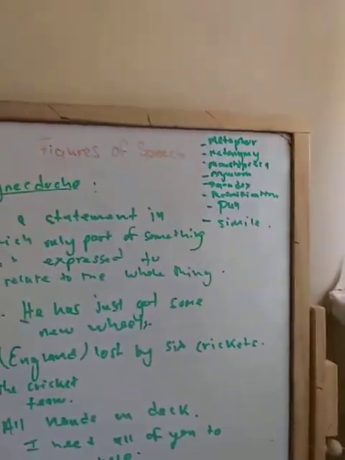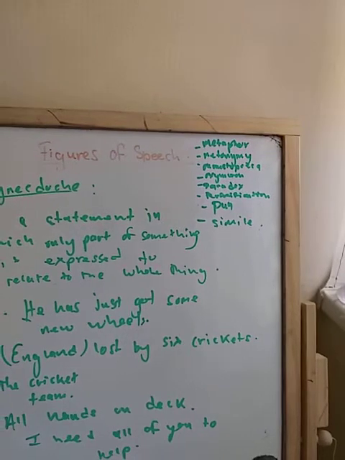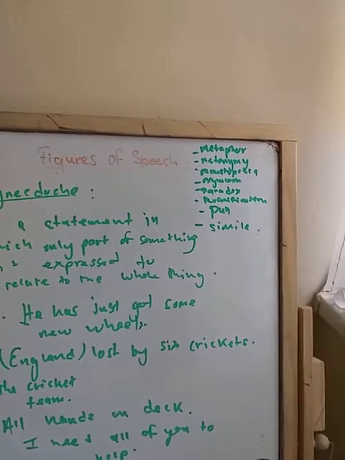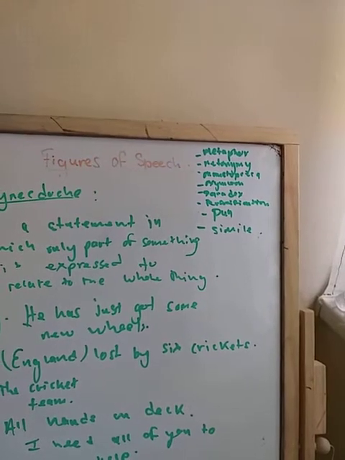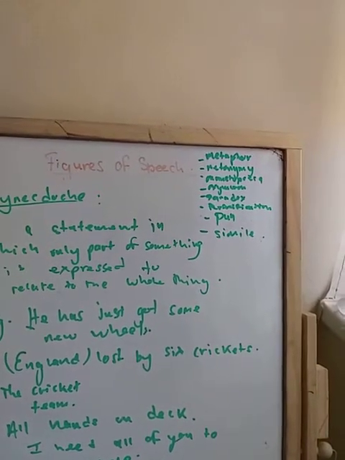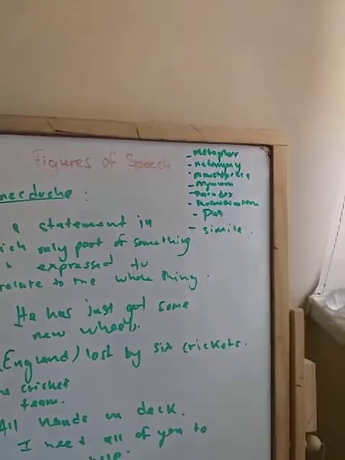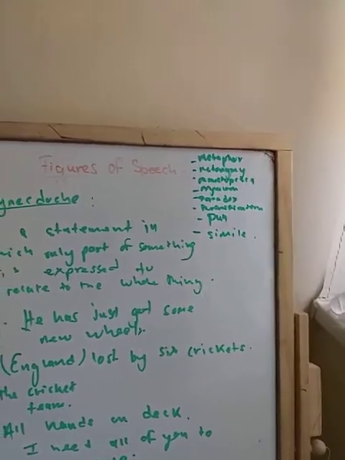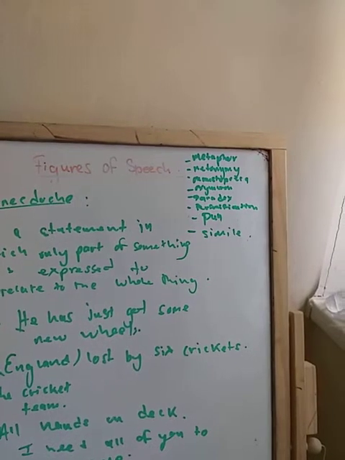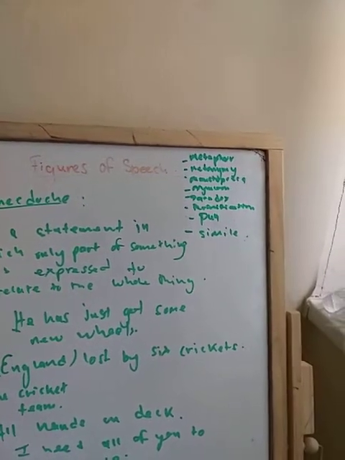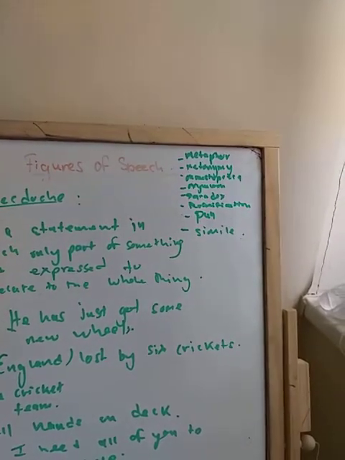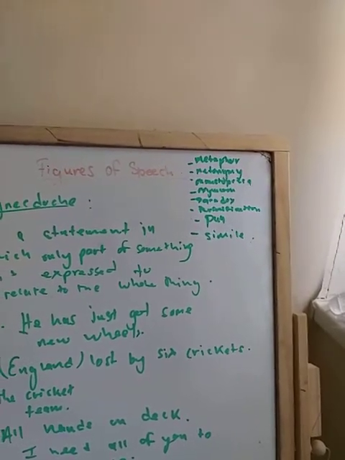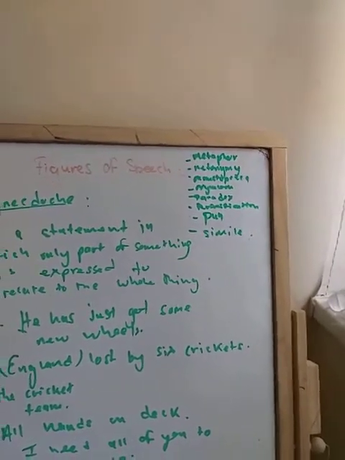Now we have onomatopoeia. Onomatopoeia is just a sound, for example, the tick of a watch, and the watch really makes this sound, tick, tick, tick. And oxymoron, this is when you have two words contradicting each other in a sentence. For example, the comedian was seriously funny.